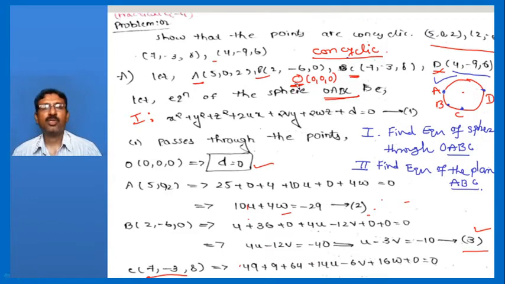Substituting these in the general form of a sphere, we get u, v, w, d. First we substitute 0, 0, 0: 0 square, 0 square, 0 square, 2 into 0, 0, 0, then d equal to 0. Finally I got d equal to 0.